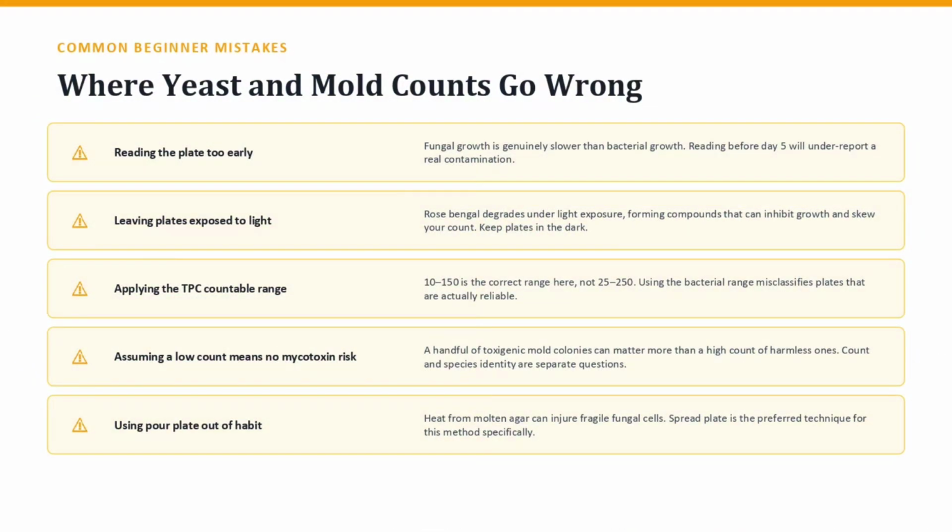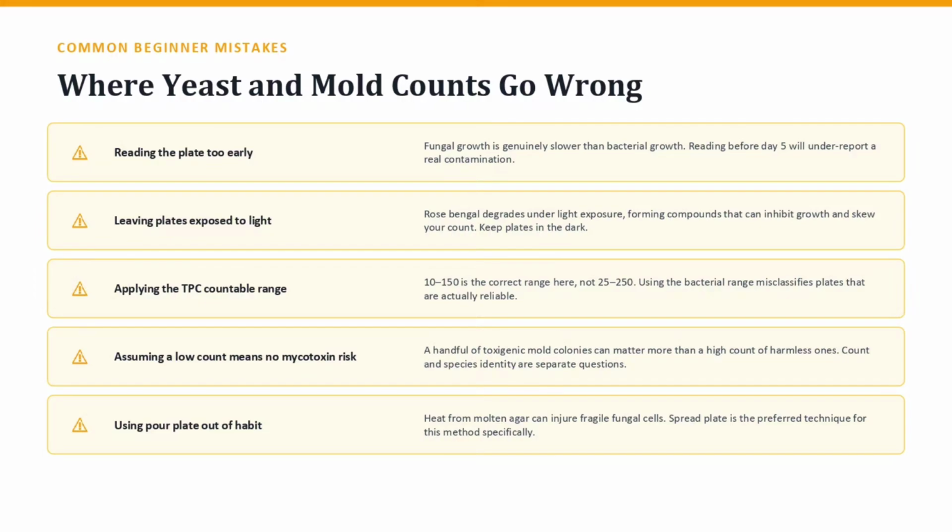Before we close, let's walk through where yeast and mold counts commonly go wrong. The first mistake is reading the plate too early. Fungal growth is genuinely slower than bacterial growth. Reading before day 5 will underreport a real contamination that simply hasn't shown up yet. The second mistake is leaving plates exposed to light.